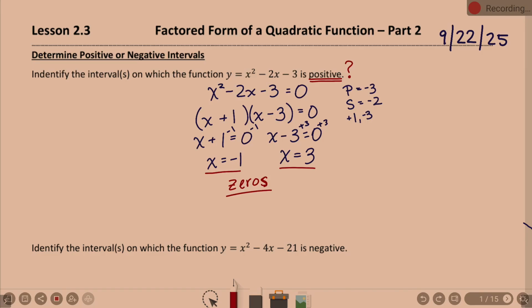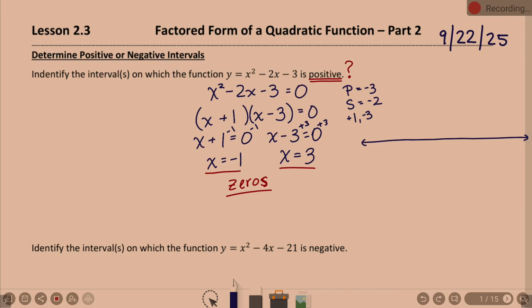Now, our question is to identify any intervals where my graph is positive. So with that in mind, we're going to look at a number line. On my number line, I'm only going to put my 2 zeros, so the only numbers I need are -1 and 3.